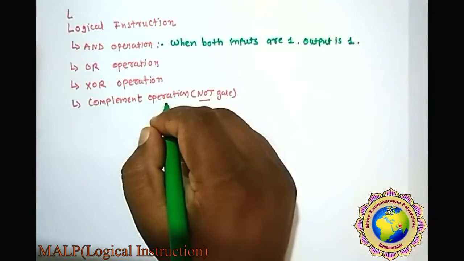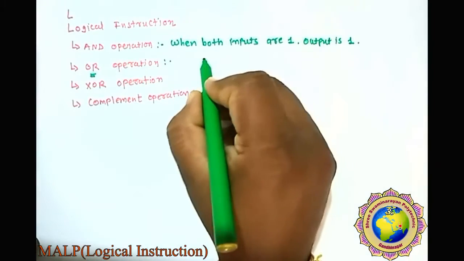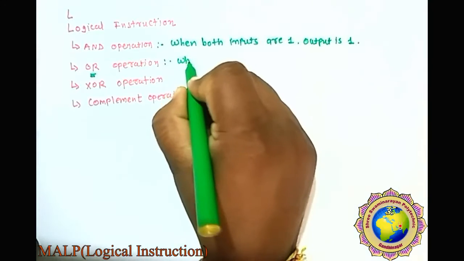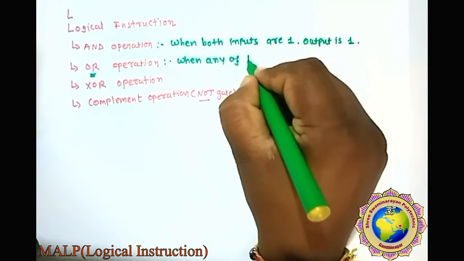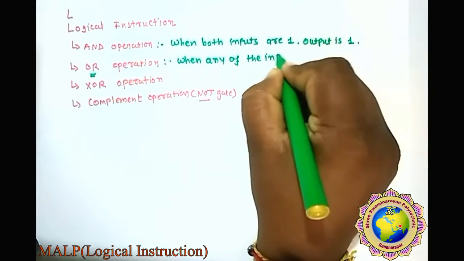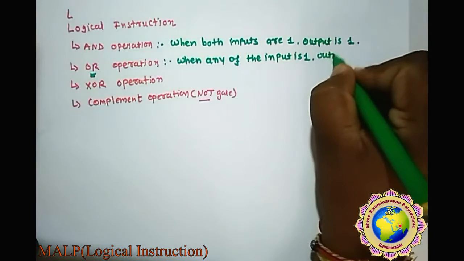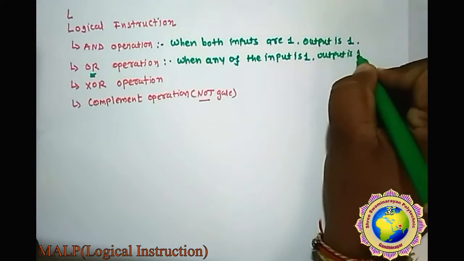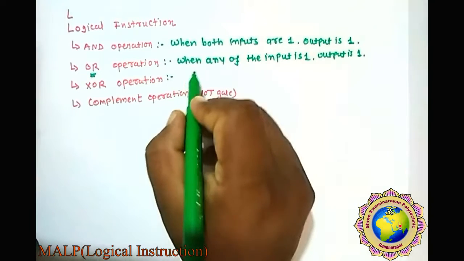That we have studied. What is OR operation? The meaning of OR operation is when any of the inputs, તમને જેટલા પણ ઇનપુટ આપ્યા છે એમાંથી any of the input is 1, output is 1, otherwise it is 0. Otherwise શું થશે? 0 થશે.